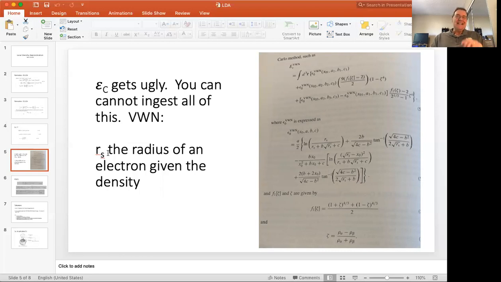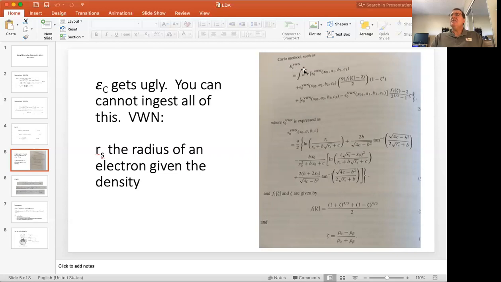When the density gets really high, the volume per electron gets really small. So a small R_s corresponds to a big density. On the other hand, when the density is low, each particle has a lot of space, and R_s gets big.